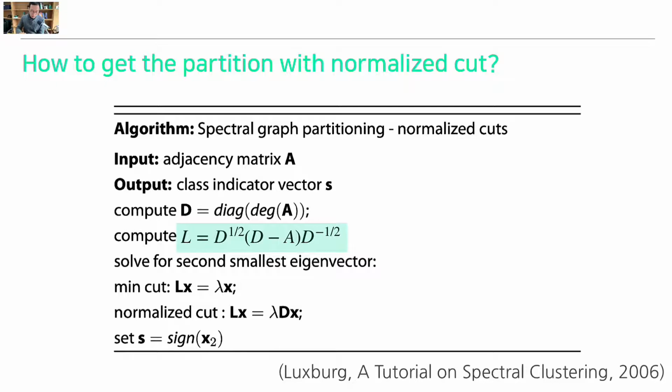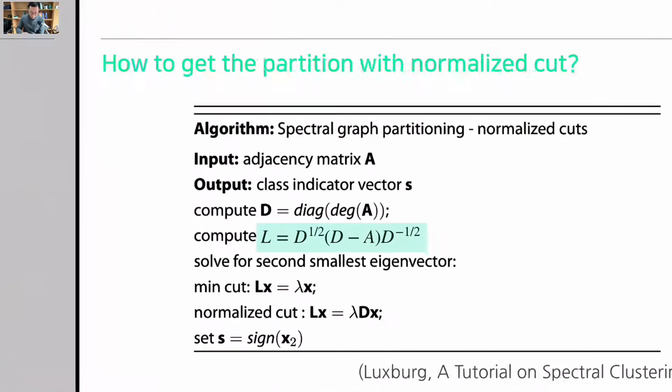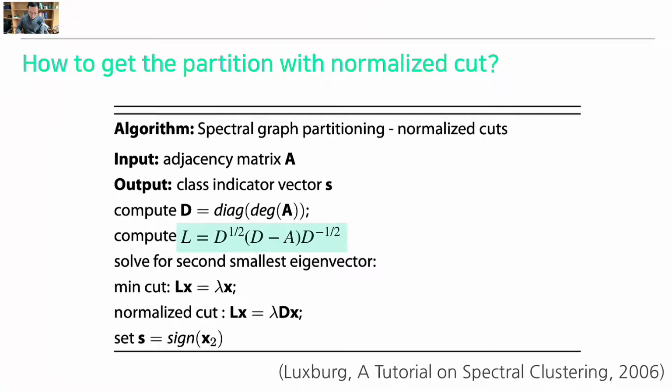So how do we get the partition with the normalized cut? Let me give you the result: we just compute the normalized Laplacian. You can find the full derivation in this tutorial.